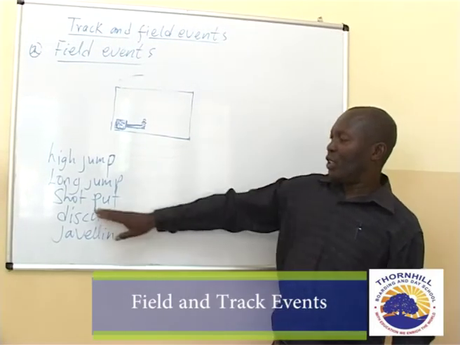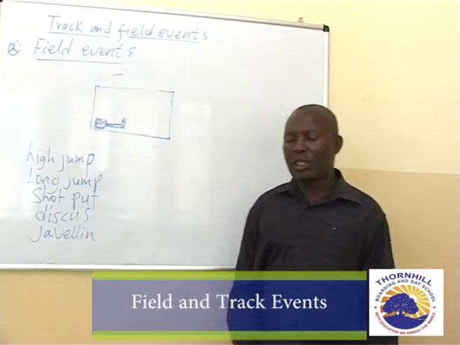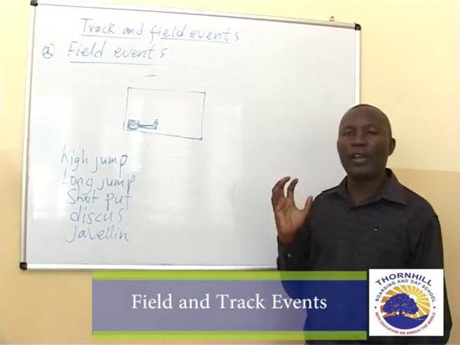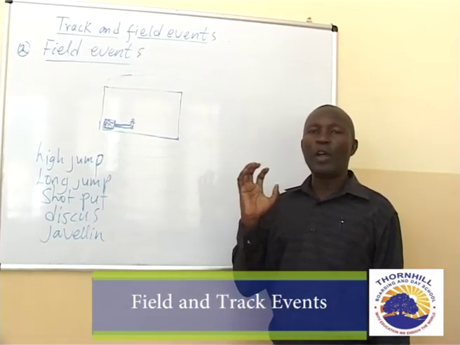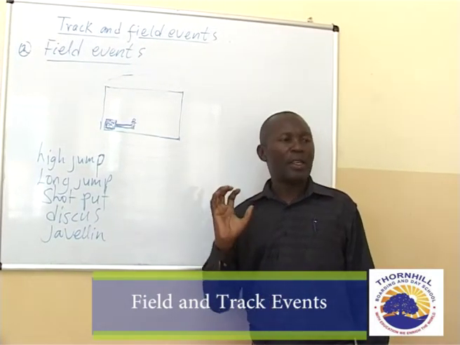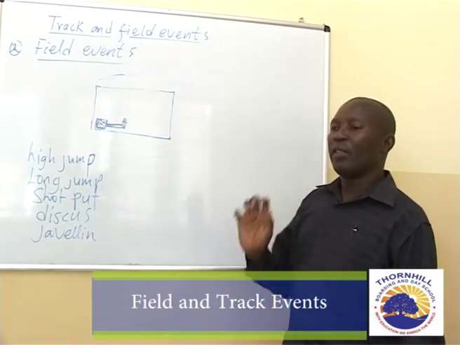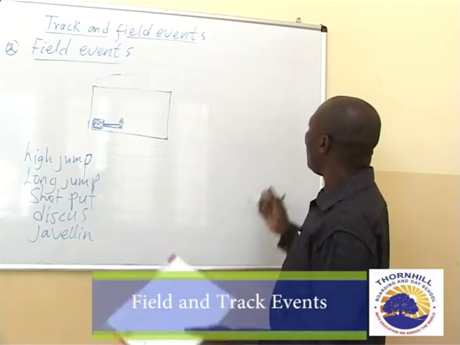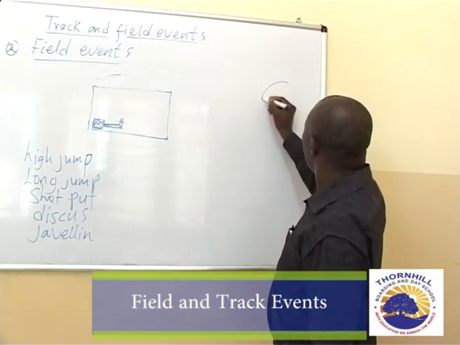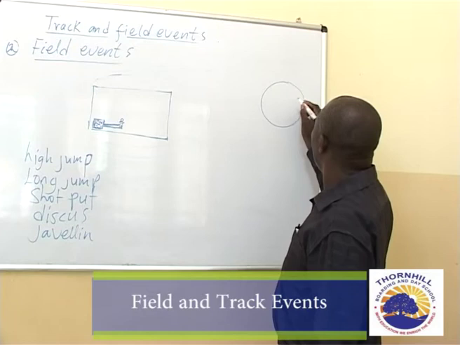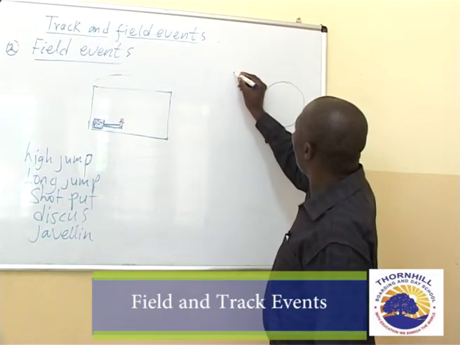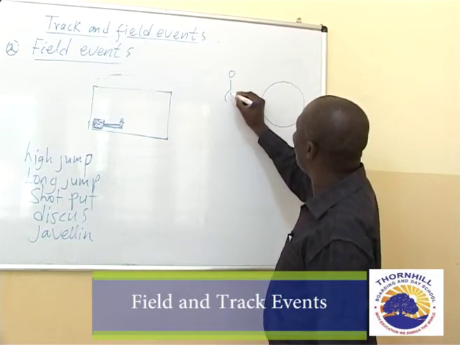The other one is shot put. This one is played with a very heavy round metal that is held with one hand. There's a measured place where the round metal ball should fall.